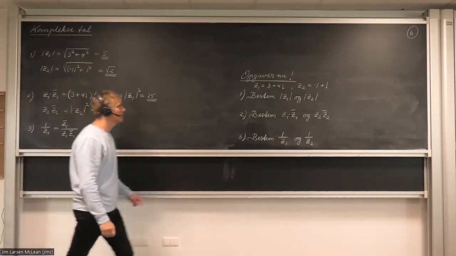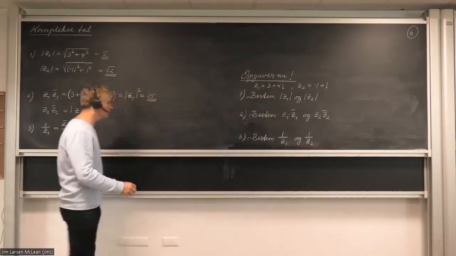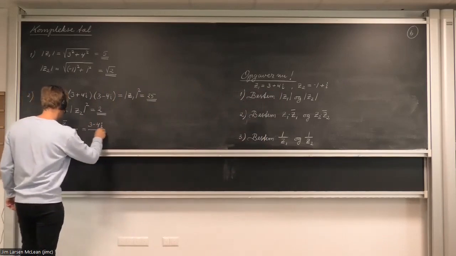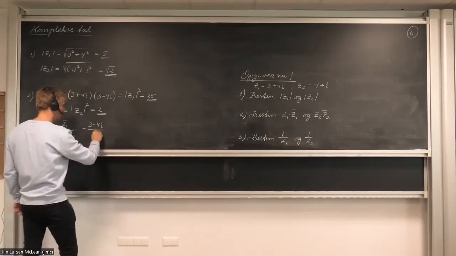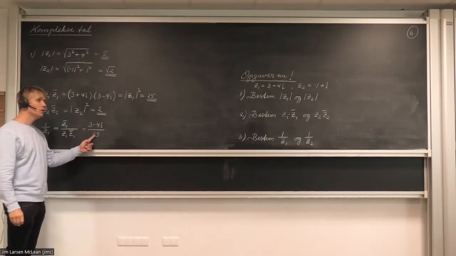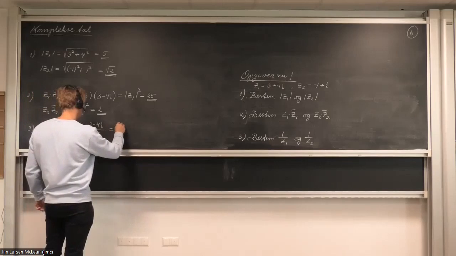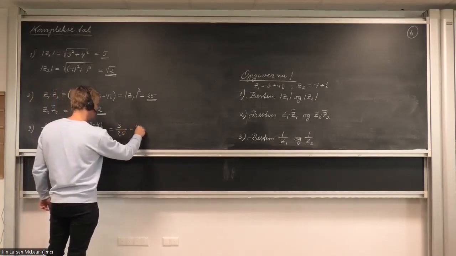You just take the number here and change the sign of the imaginary part. So it must be 3 minus 4i. And I've calculated this. It gave 25. I can just write it here. And then I can say it must be 3 over 25 minus 4 over 25i.